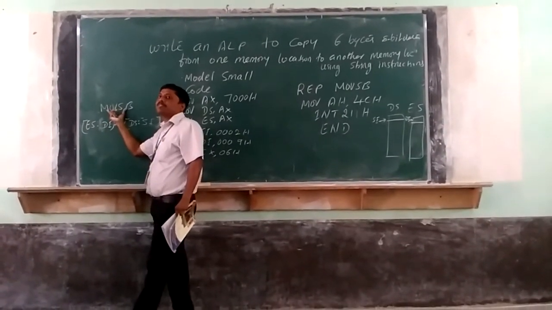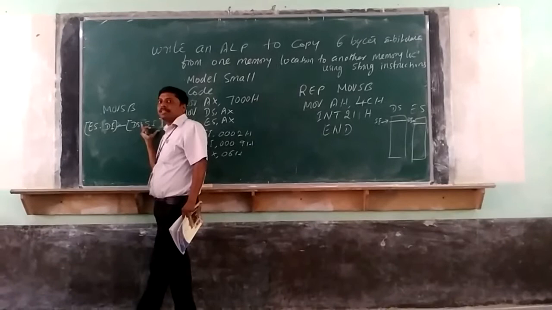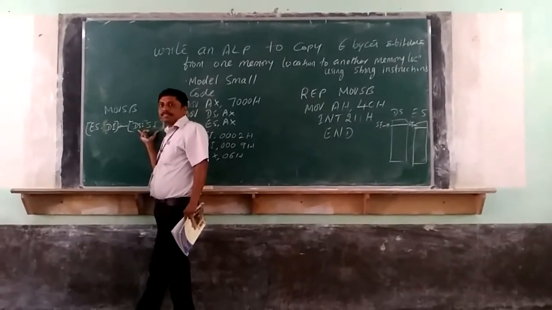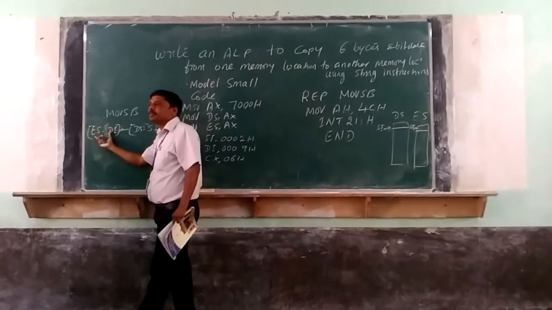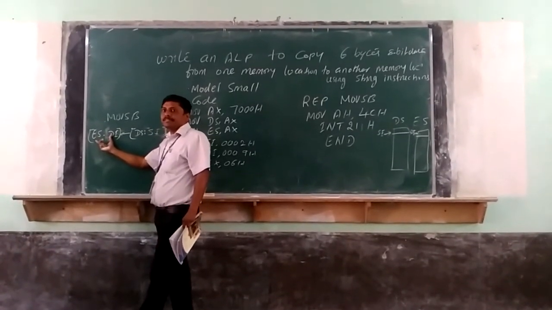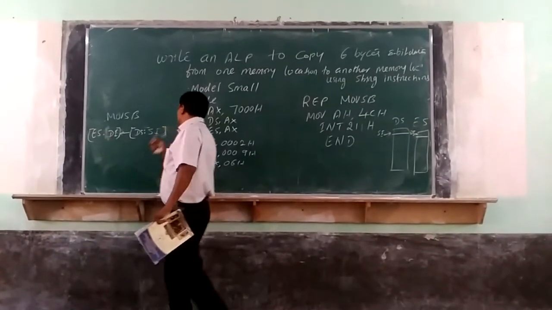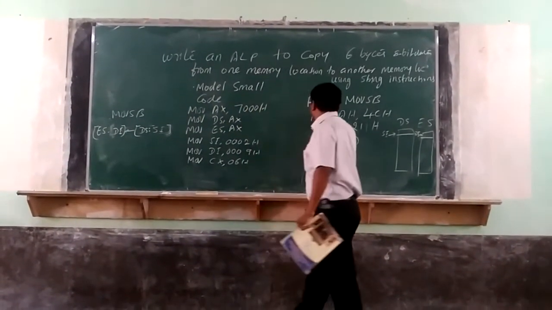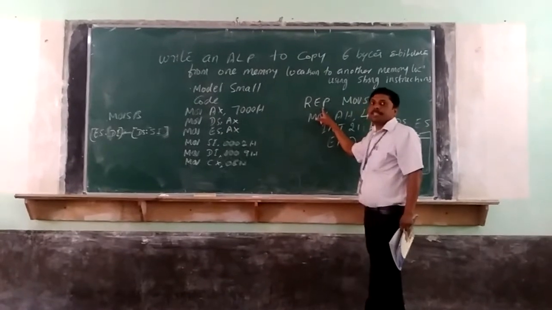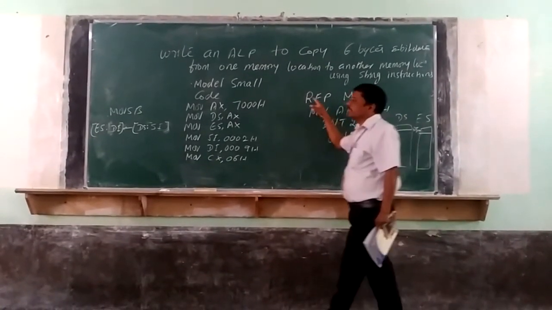This MOVSB will work only on these registers. The source should be in the data segment, destination should be in the extra segment. Okay. So along with MOVSB, here we are going to use REP, repeat. This repeat is going to work on the content of the CX register.